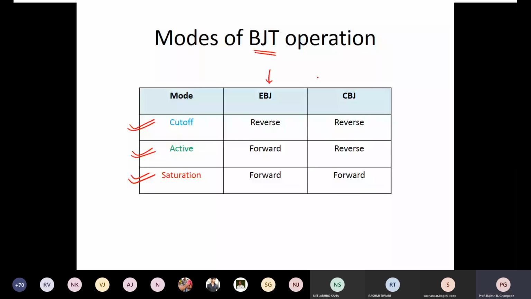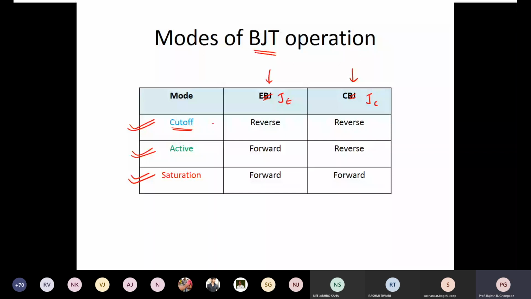Call it JE here, and JC here. So what does it say? If the emitter junction is reverse biased and the collector junction is also reverse biased, then the mode of operation of BJT is cutoff, as if the gate is completely closed.